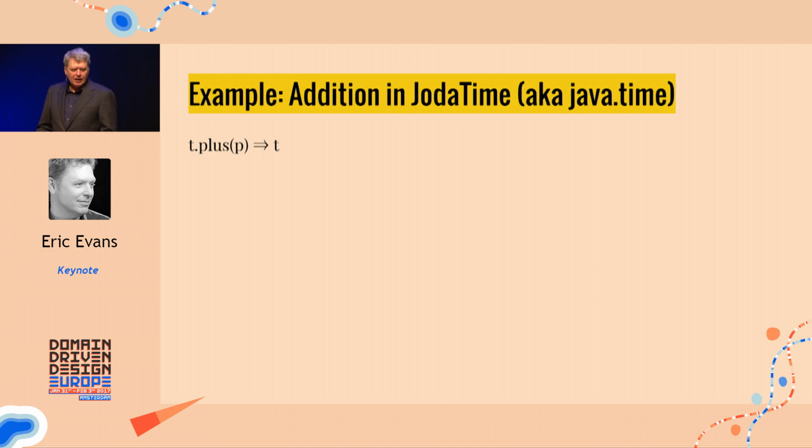So one of many features of this library is that you can take a time and you can add a period to it, as they call it, and get another time. So, for example, you could say, take a date, 2017, January 20th. And then you could take a period, let's say 1 month, and you can add those.